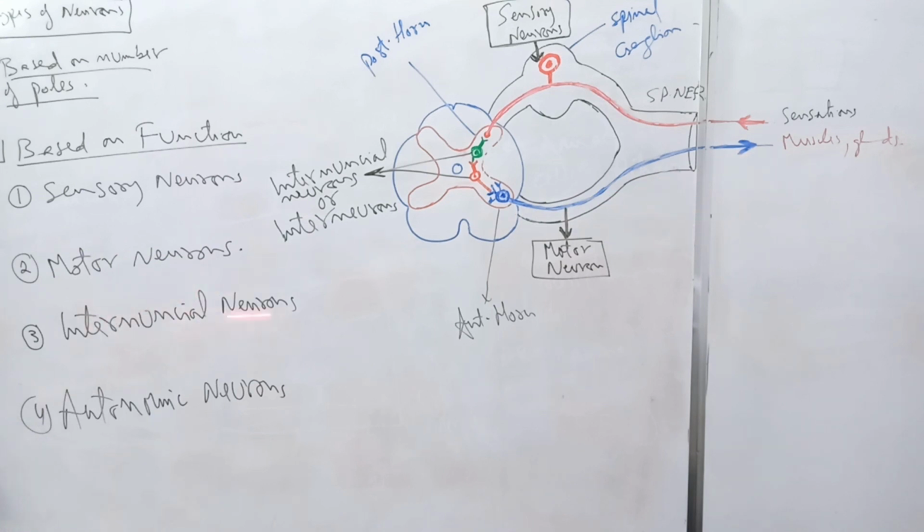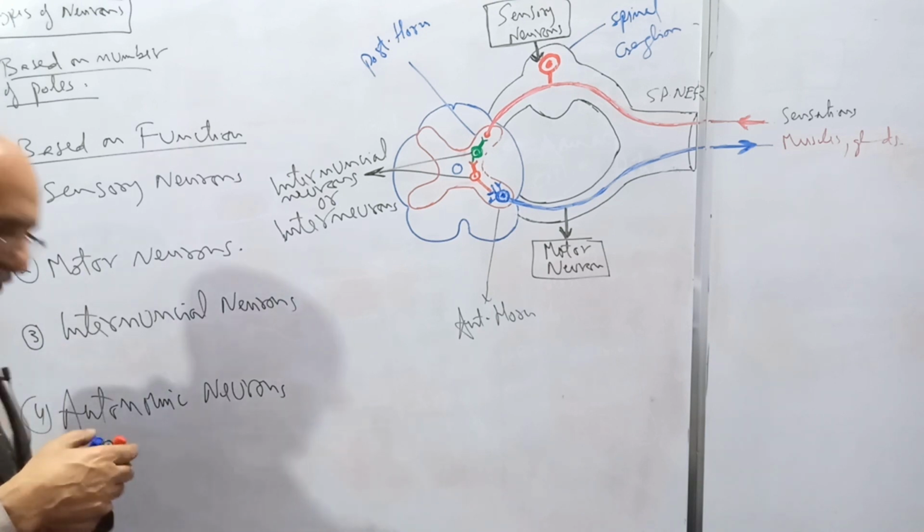And there are neurons which intervene between sensory and motor neurons. These are called internuncial neurons or interneurons. These vary from one to several. In this diagram, I have drawn only two neurons, green and red, between sensory and motor. These are called internuncial neurons.